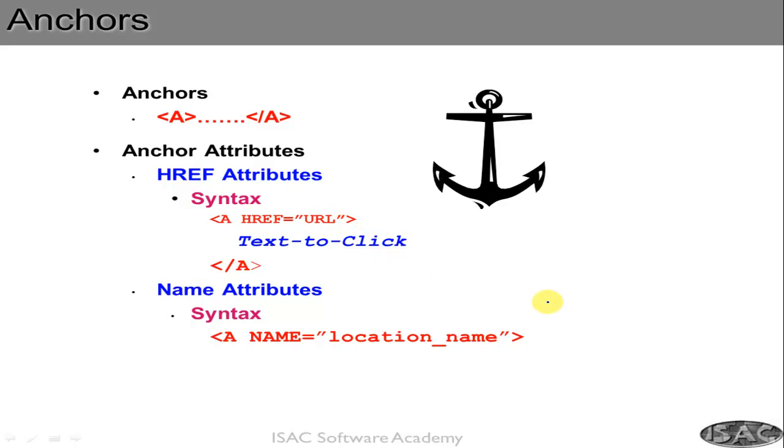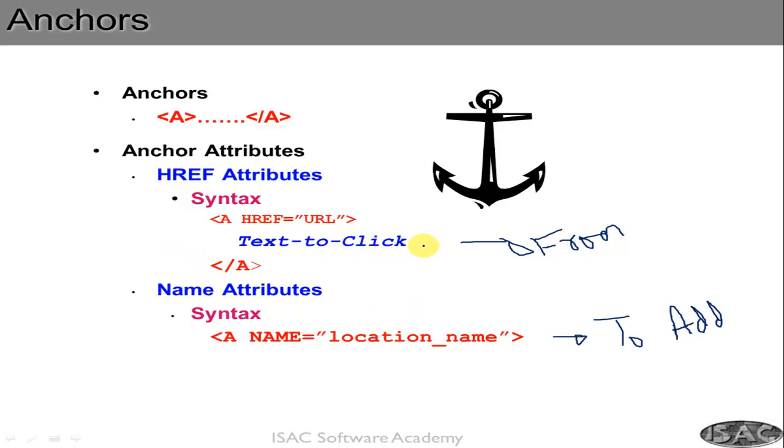So this is basically like a to address, and this is like a from address. Here you are declaring where to go, and here you are declaring the place from which you click to go there.